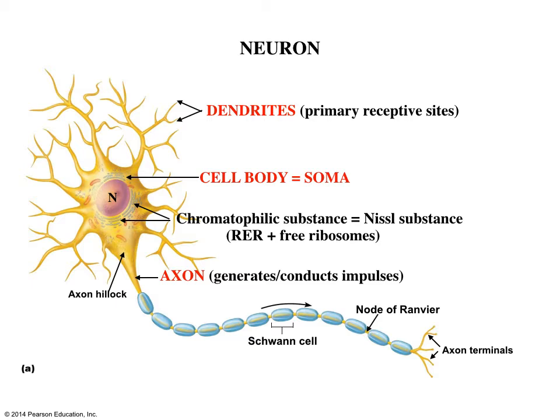One more thing on the slide would be the blue bubbly things that wrap around the axon. These are the myelinating Schwann cells, which we will address again in just a bit.